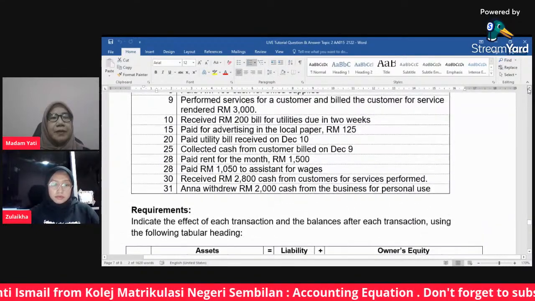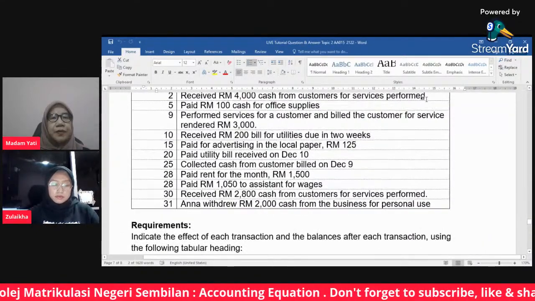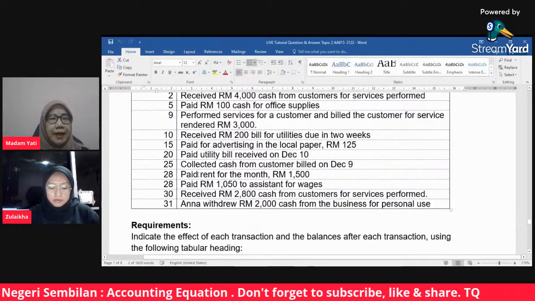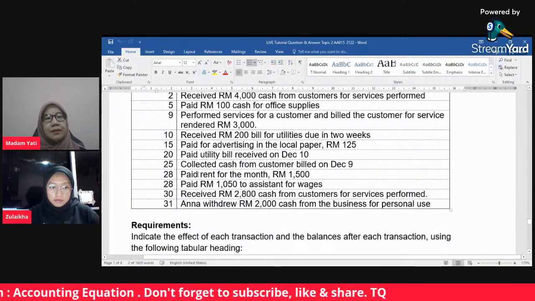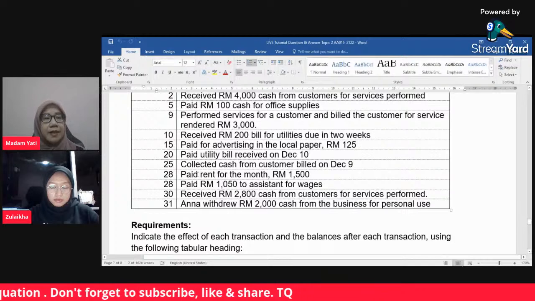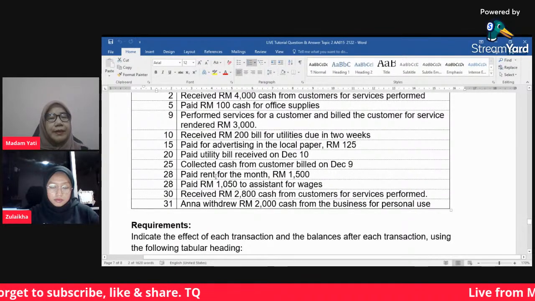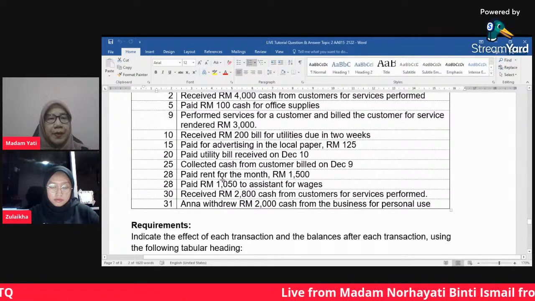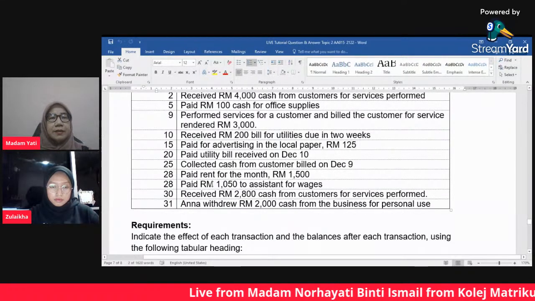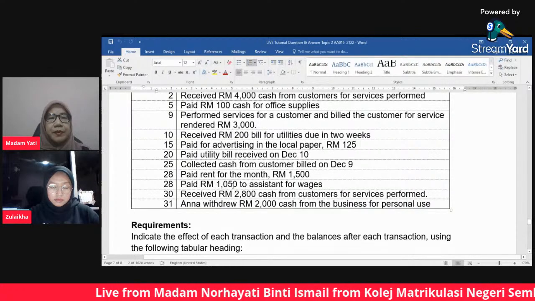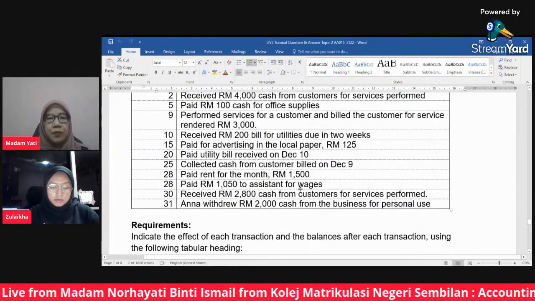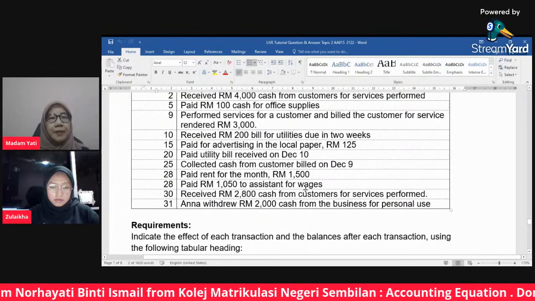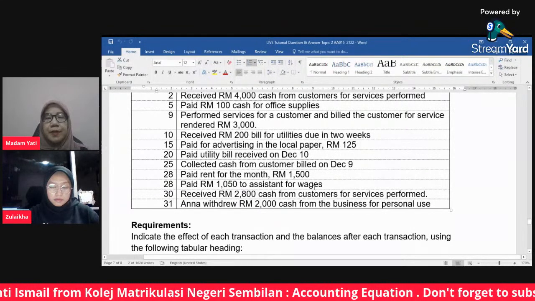Okay, paid rent for the month. So decrease in cash because that is a category of asset, decrease in asset, and at the same time it will decrease in owner's equity. So how much is the amount? 1,500. Paid rent, and 1,050 to assistant for wages. Wages is an expense.